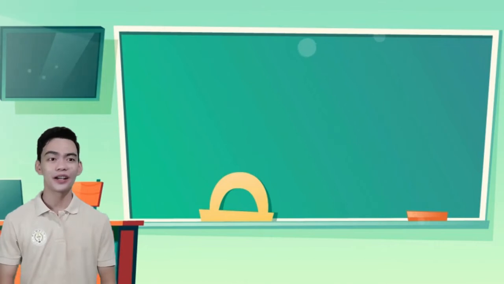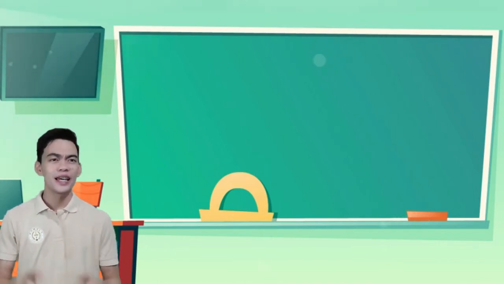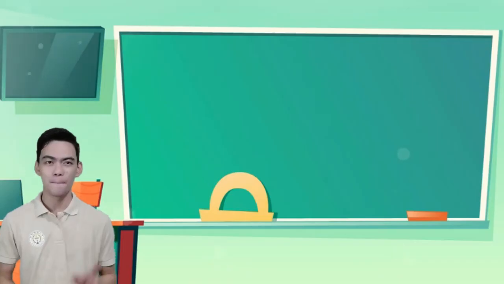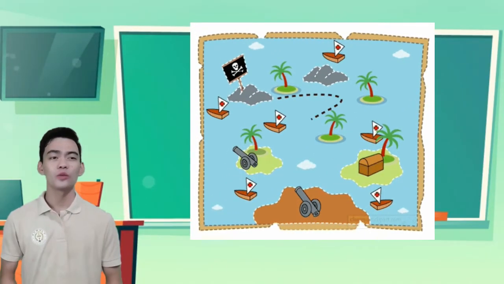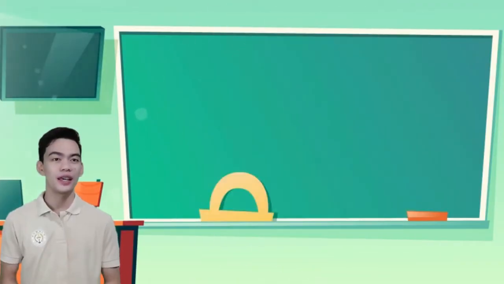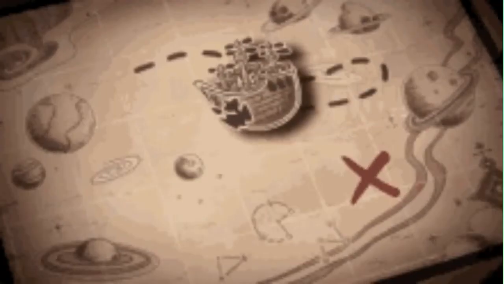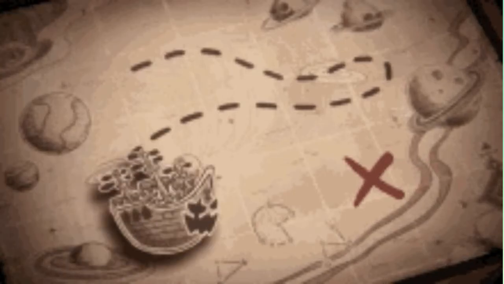For a clearer illustration, imagine that you are a treasure hunter, and in order to find a treasure, you need a map. And this map will give you clues, and these clues will reveal themselves along the way.